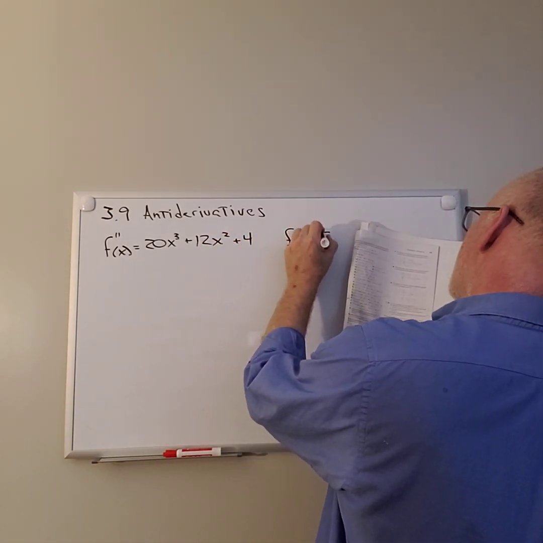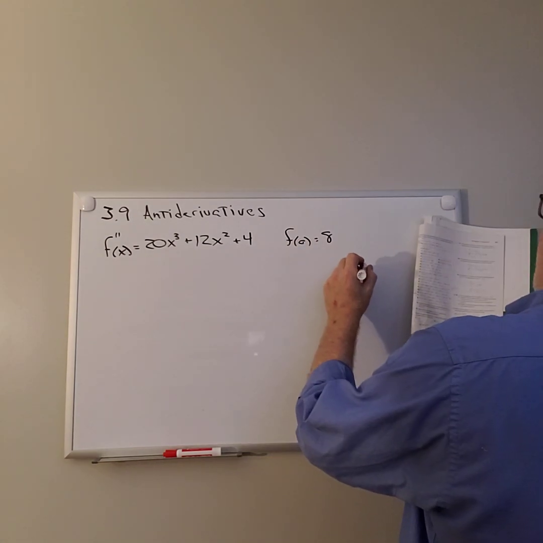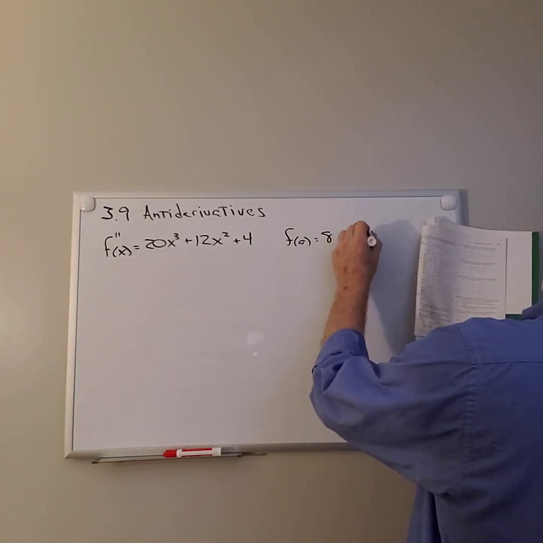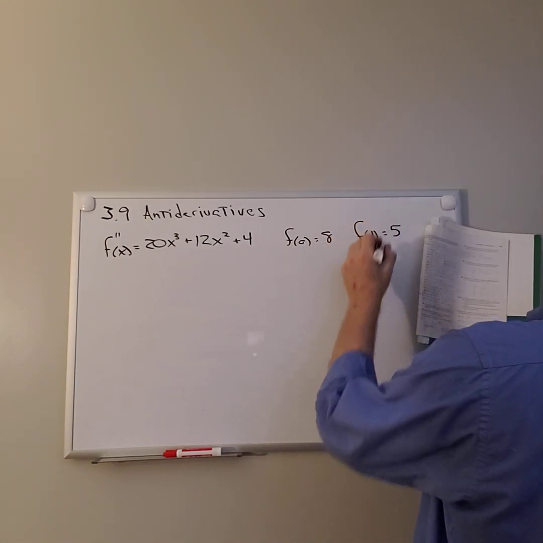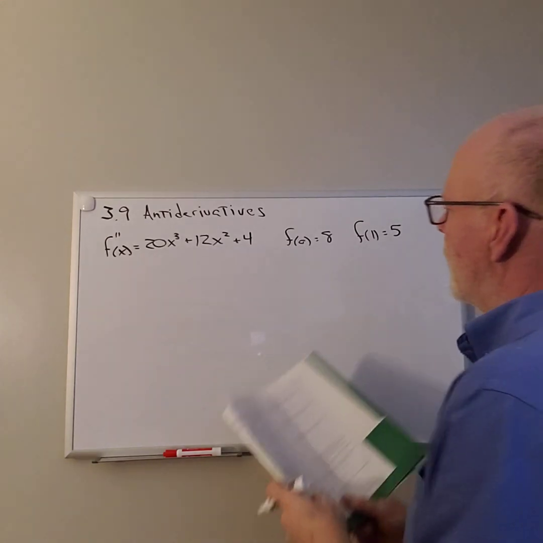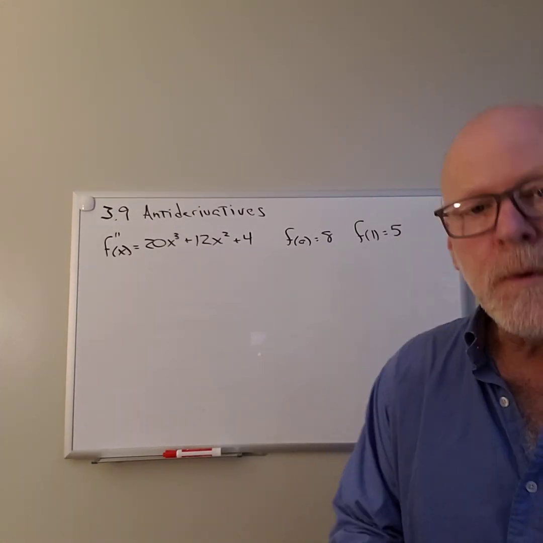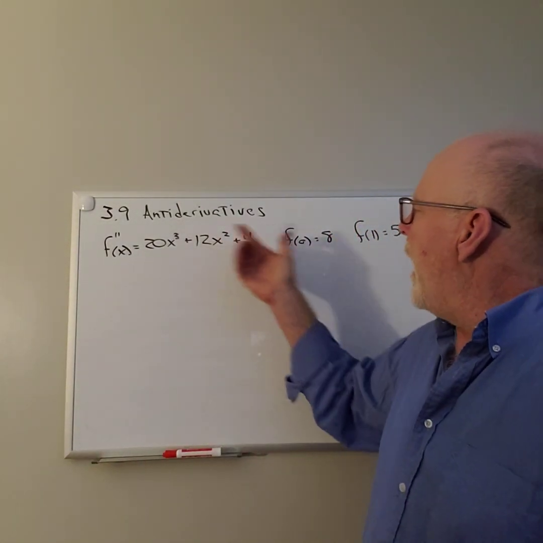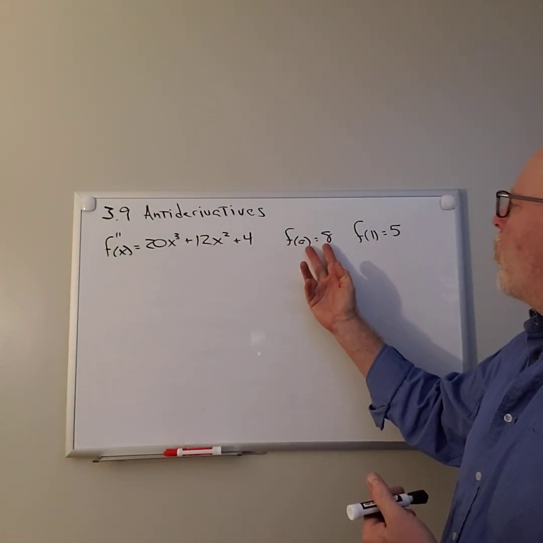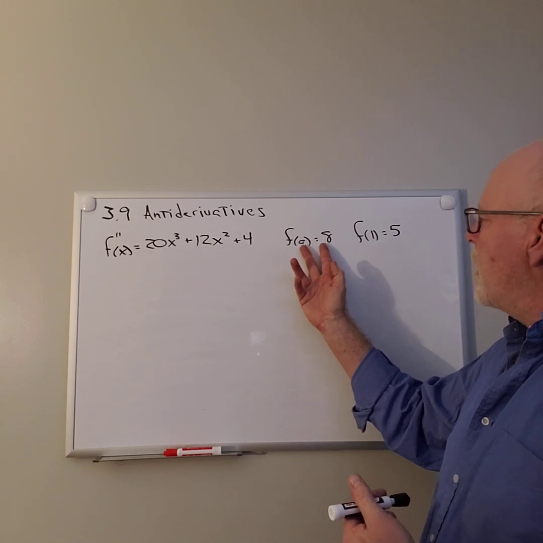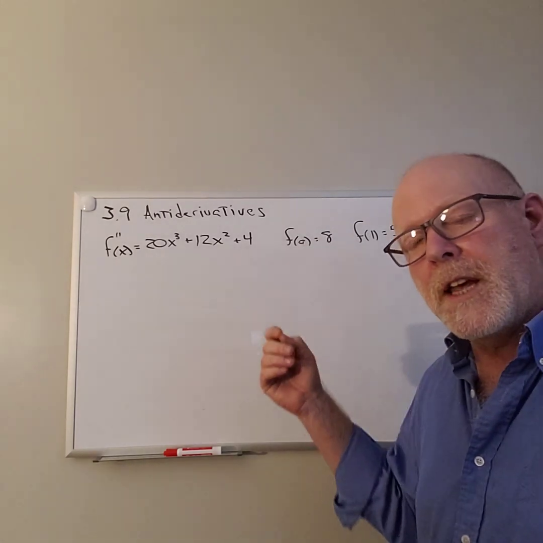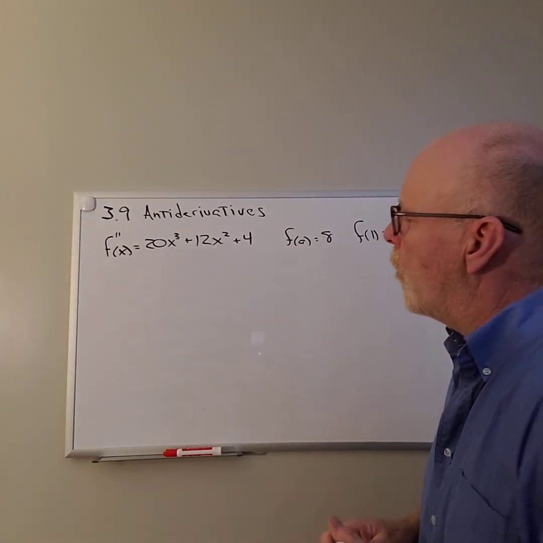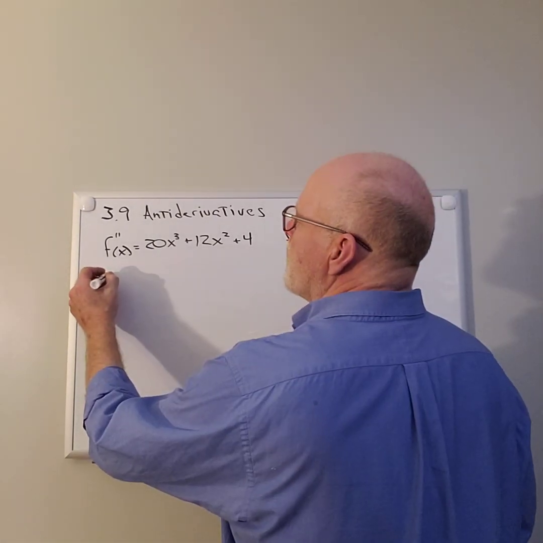f of 0 is 8, and f of 1 is equal to 5. Okay, so we've got the velocity of our car at any moment in time, and we know where it is when it started and where it is after 1 second, and using that information, we can figure out where it is all of the time.